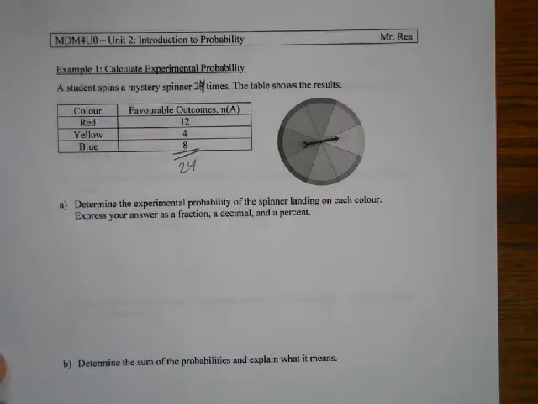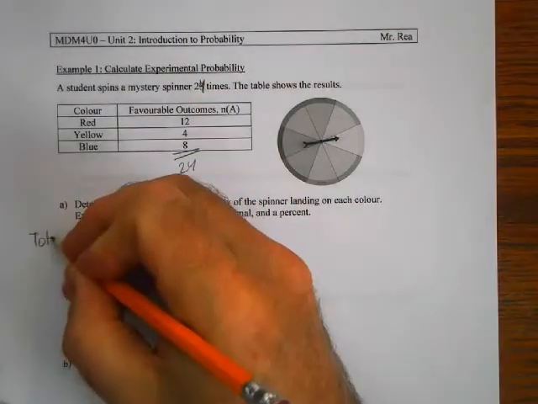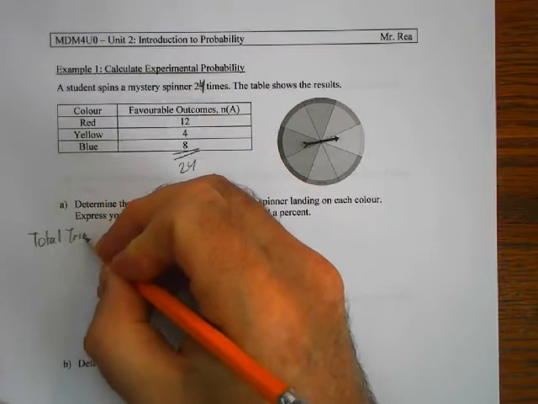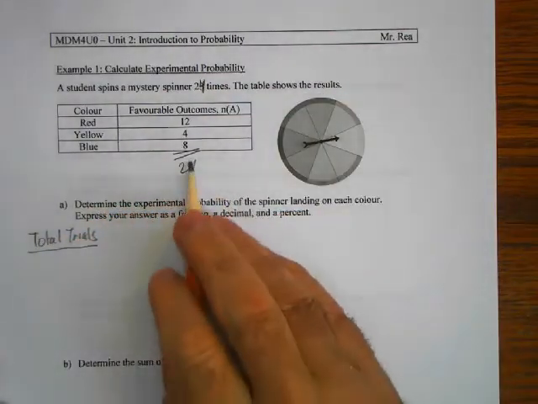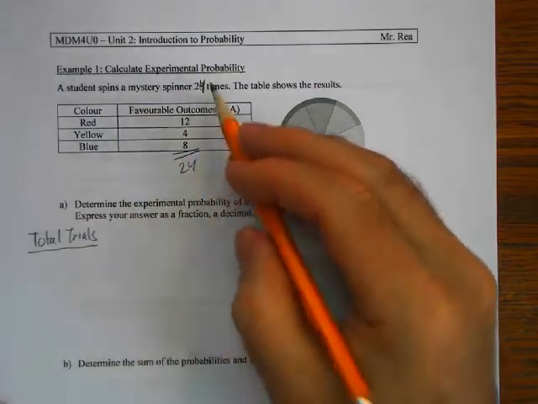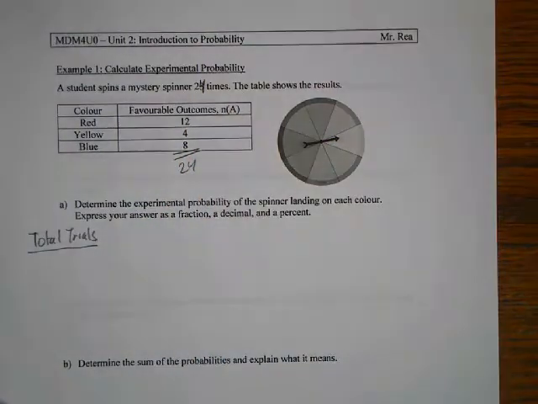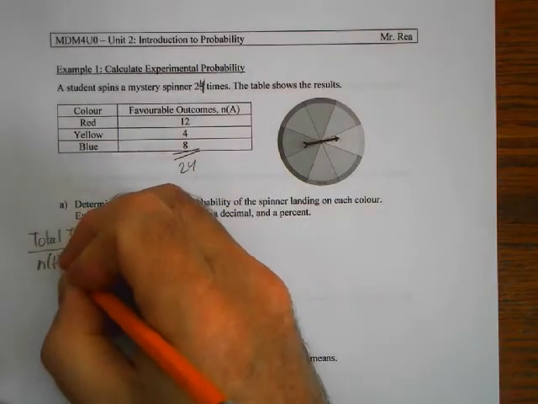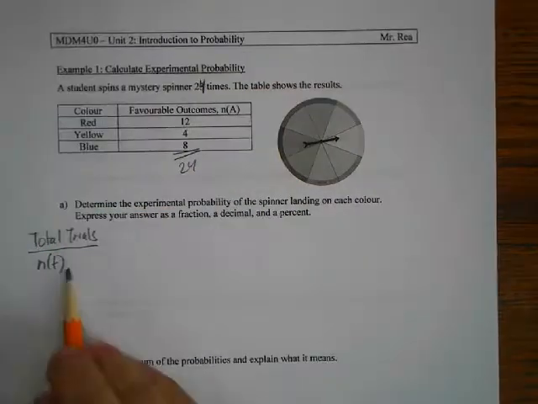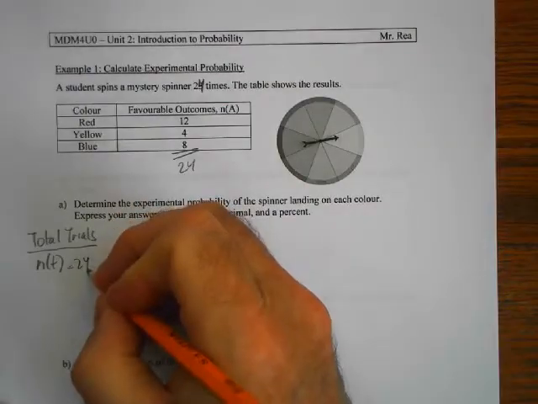So that's the total trials. They told us that directly, but we have to make sure that it adds up to 24. Otherwise, some of the trials weren't recorded. I can write that down as n of t, which means number of trials, is equal to 24.